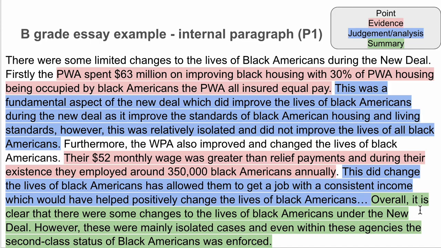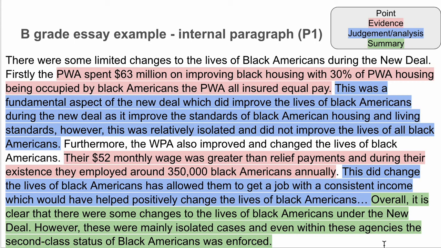And then the summary, overall, is clear that there were some changes to the lives of Black Americans in the New Deal. However, these were mainly isolated cases, and even within these agencies, the second-class status of Black Americans was enforced. Okay, now, with this essay, this is almost given like a for and against, and this is a paragraph that's giving some evidence for saying that the lives of Black Americans did change.